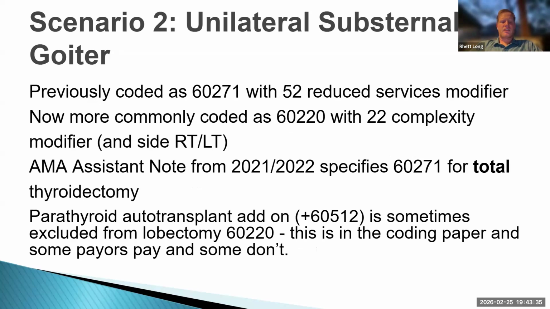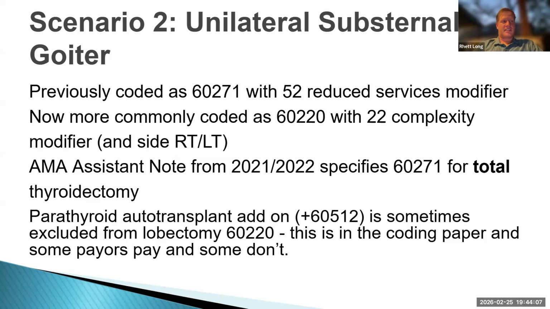So I always feel a little bit misleading, but when you're working for an extra hour or so trying to finagle that substernal goiter, you certainly feel like it deserves more than just a 60240 or benign thyroid or 60220 lobectomy code. So I traditionally have used the 60271 with the 52 reduced services modifier. And then I will bill the parathyroid auto-transplant separately as that 60512.